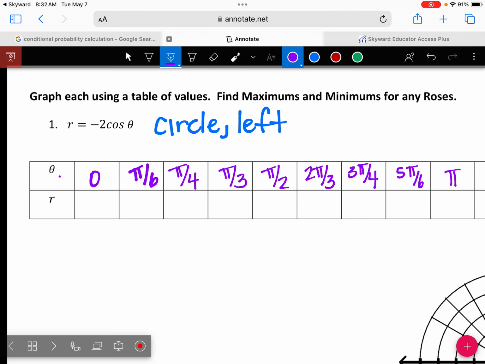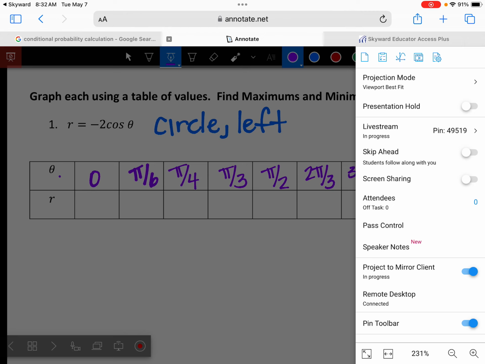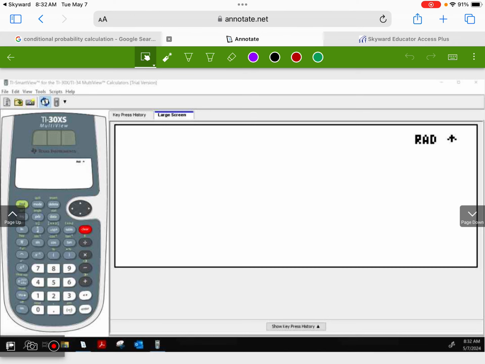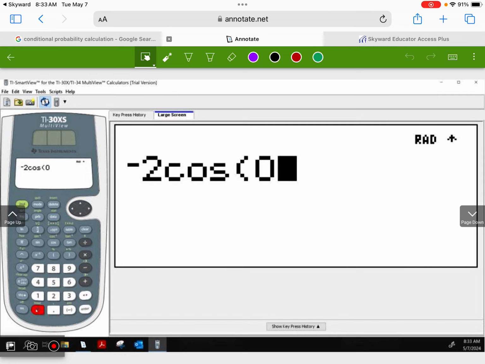So in your calculator, I'm going to show you how to type it in. When you type it in, I have -2 cosine 0. Hit enter. You should have -2, so that's your first radius.